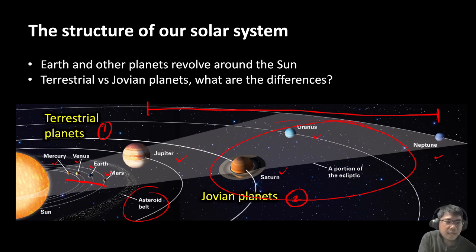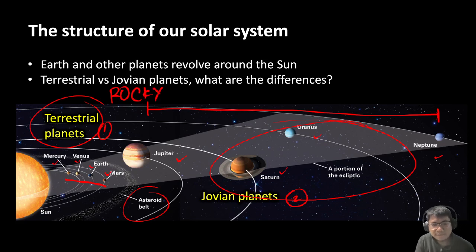Terrestrial planets consist of rocks, so these are rocky planets, whereas Jovian planets are mostly gas. So those are the two main differences between terrestrial and Jovian planets.